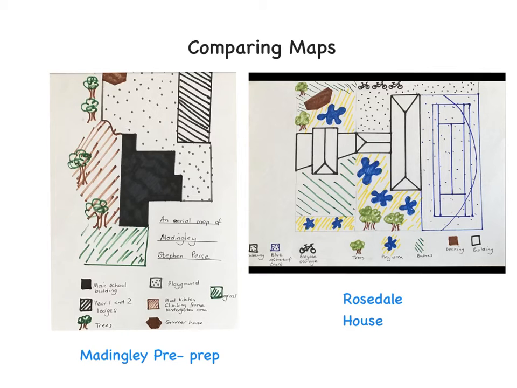Can you see things that are the same? Can you see things that are different? Remember to look at the keys on each map to help. You can pause the video now so you can take a closer look at both these maps.